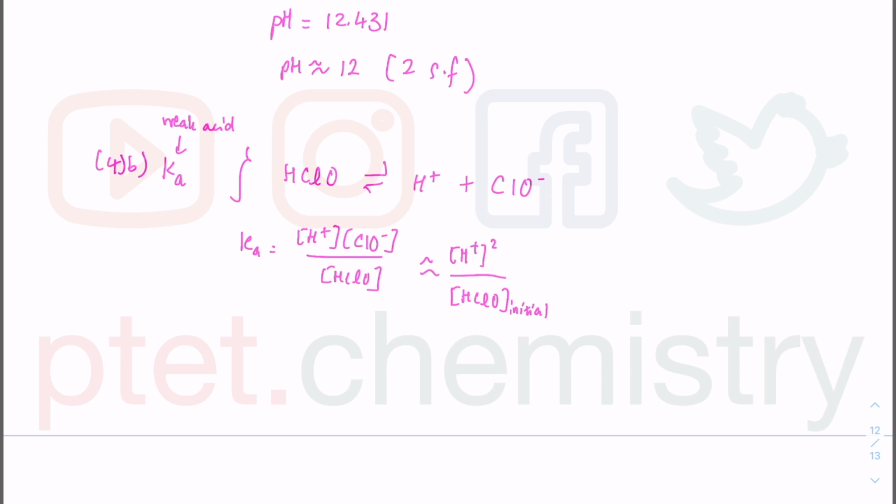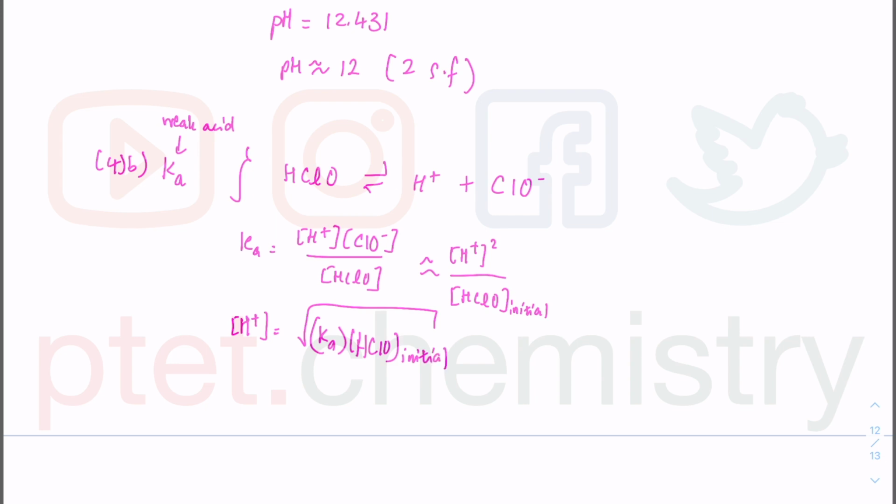So what could I do with all this information? They want me to calculate pH, and pH is related to the H plus concentration. So I can make H plus my subject. So H plus is going to be the square root of Ka times HClO initial.